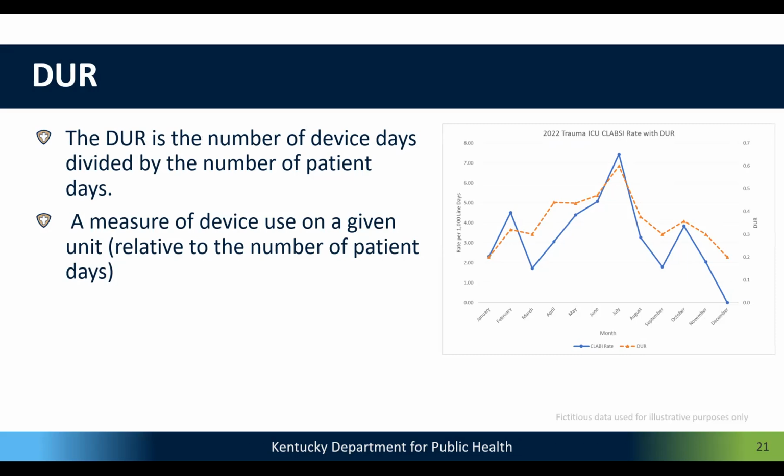It provides a measure of device use relative to the number of patient days. By tracking the DUR and understanding how it correlates to infection rates, healthcare facilities can identify opportunities for quality improvement, as reducing the device utilization ratio may be a goal to minimize the risk of device-related infections.